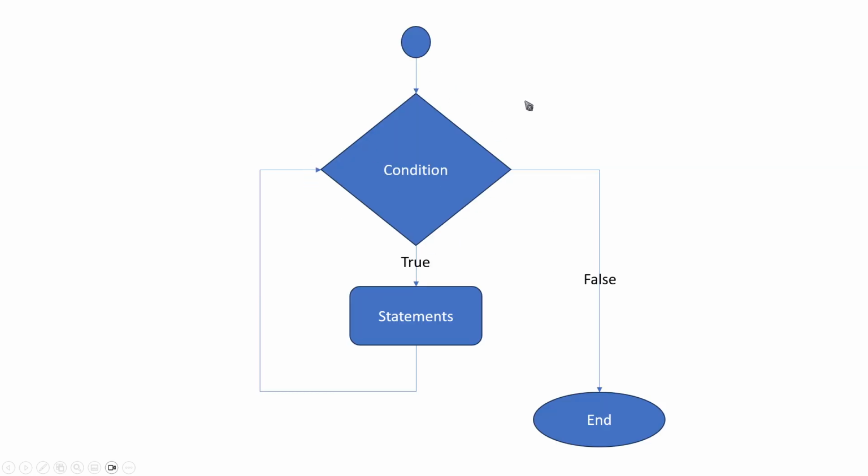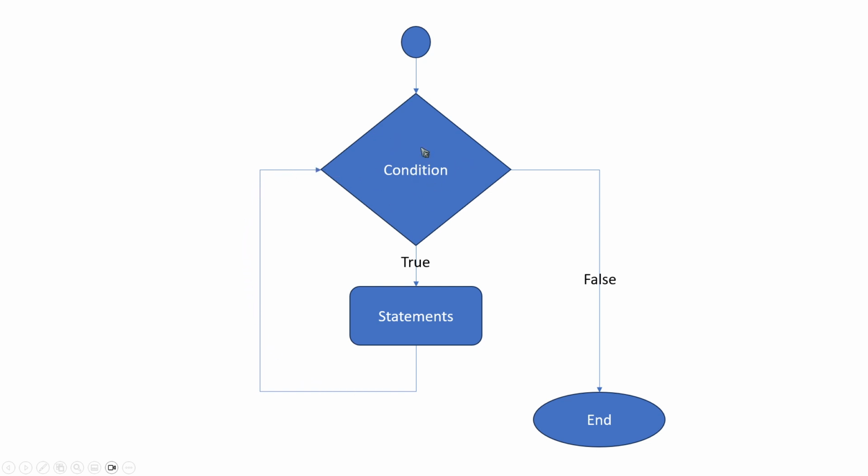So if we look at a simple flow diagram, say for example this was the execution path of our program, and it gets to the while loop. It's going to check a condition, and if that condition is true, then it's going to execute the statement within the block of code, and then it's going to come around again and check that condition again.